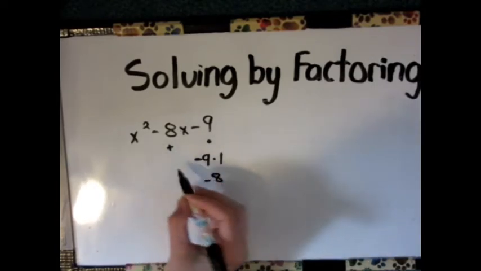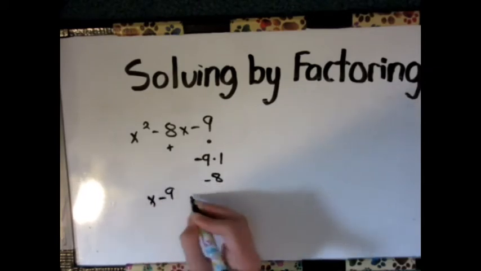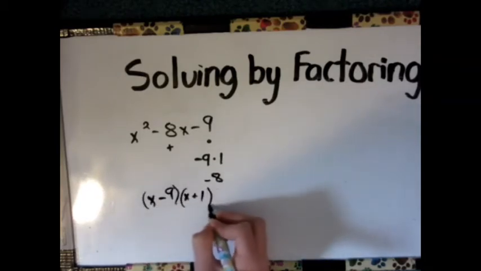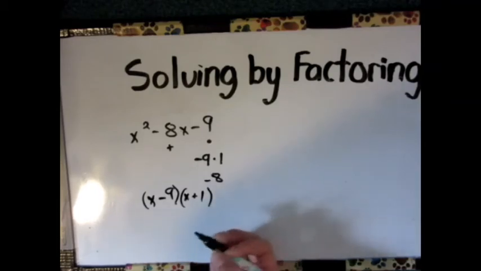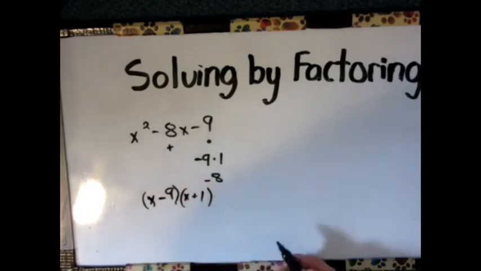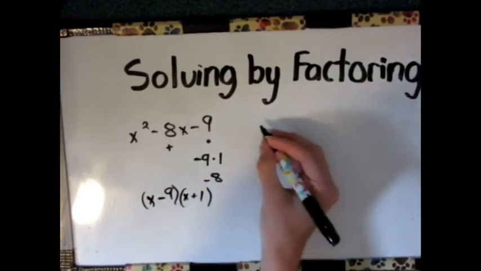So I've already found the two factors: x minus 9, x plus 1. Put those in parentheses. If you want to check it, you can foil this out, but this is a very simple one, so I'm not going to go through it.